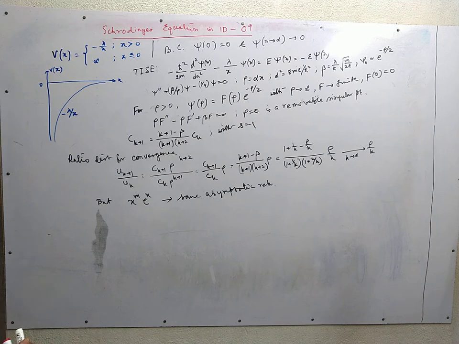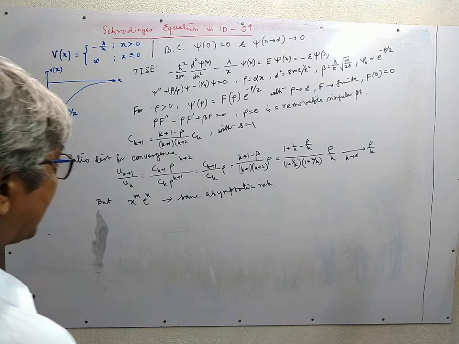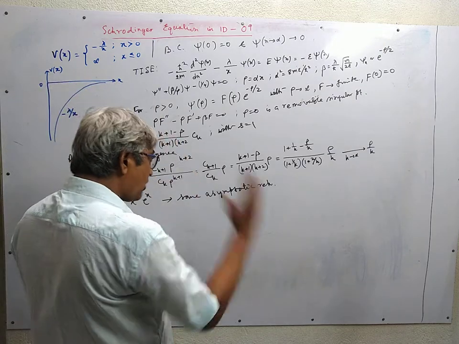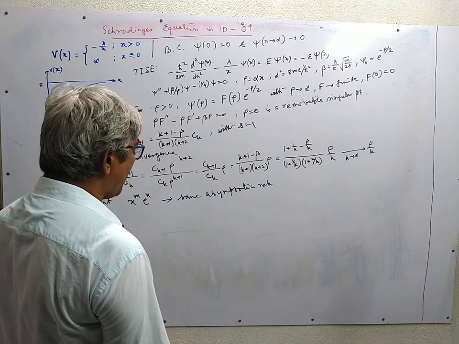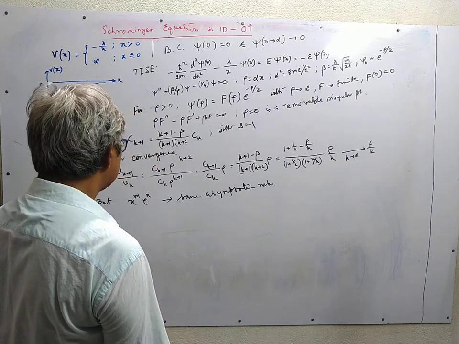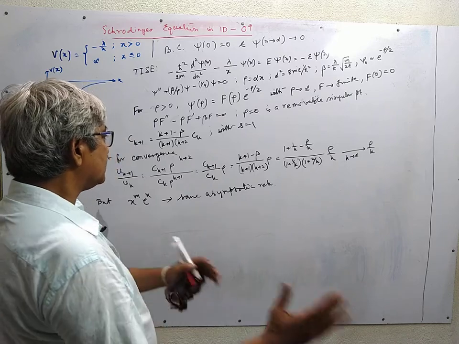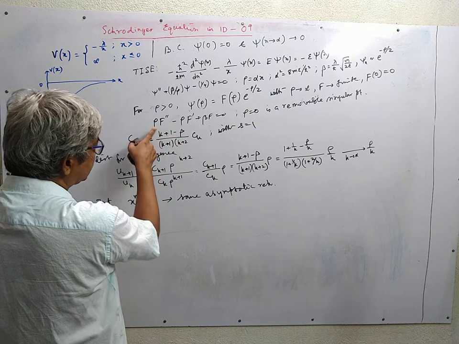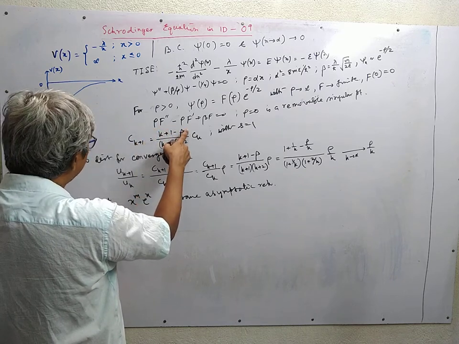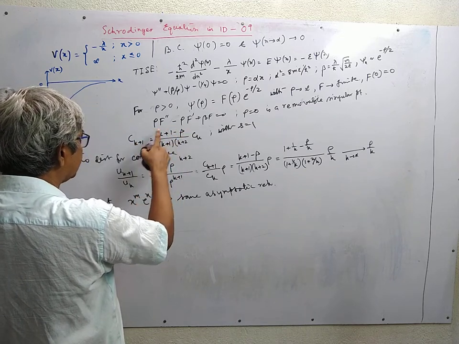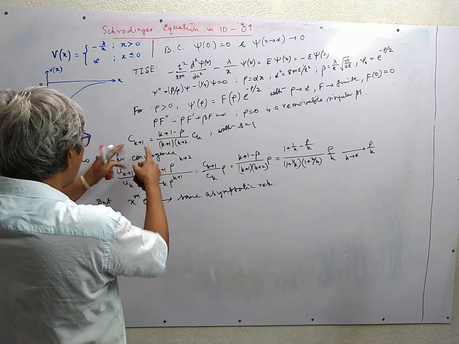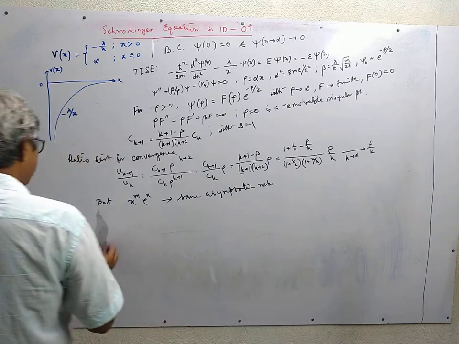But if we want to find a physical solution that must not blow up asymptotically, then what do we need to do? We need to choose a special value of beta so that the series gets truncated after a certain term. Since the numerator is an integer, if beta is chosen to be an integer, then there will be certain ck's, and afterwards all ck's will be 0.